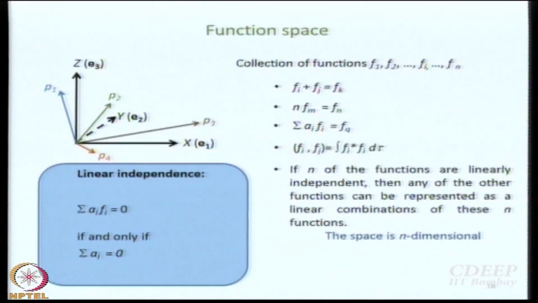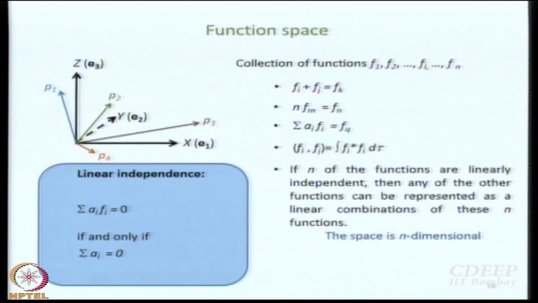So, just because you have many functions, suppose you have 480 functions, it does not mean that we are working with 480 dimensional space. What you have to see is how many of these vectors are linearly independent. That number will give the dimensionality.